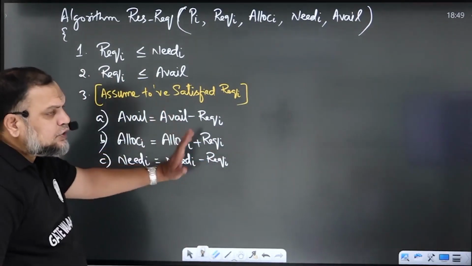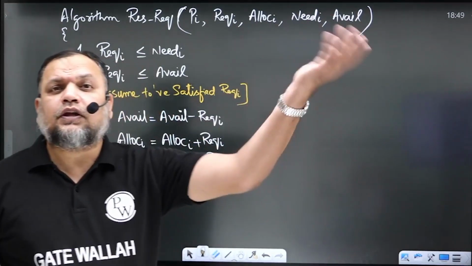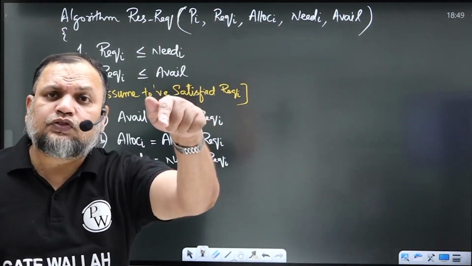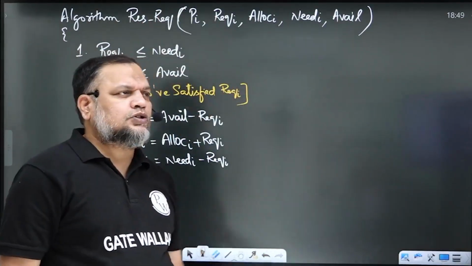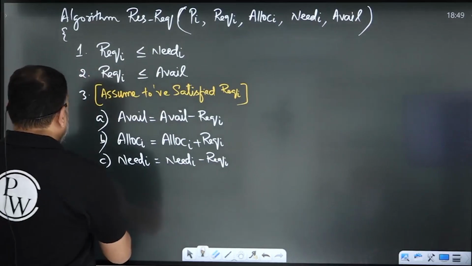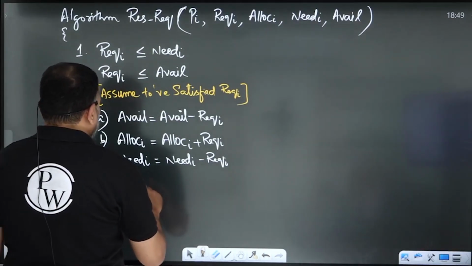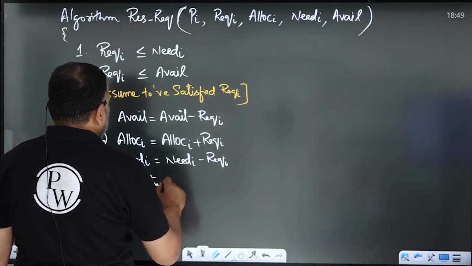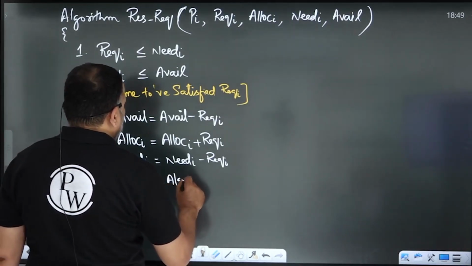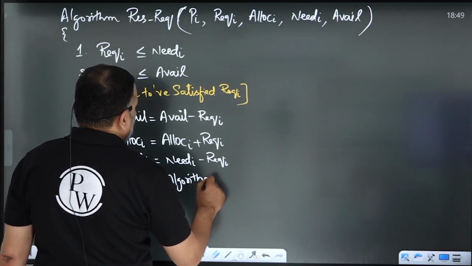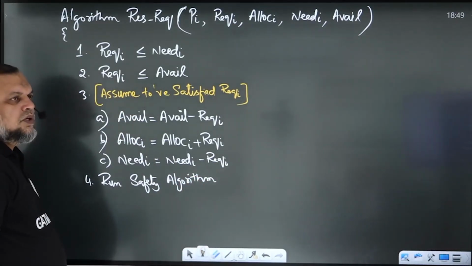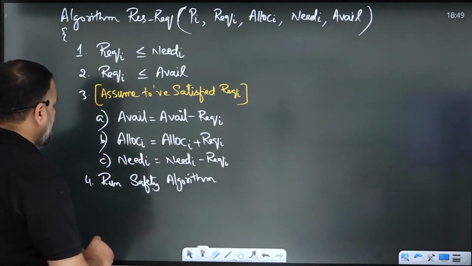So this will transform the system into a new state. That new state should be safe. So for that purpose, I say run safety algorithm, to know whether the resulting state is safe or not.